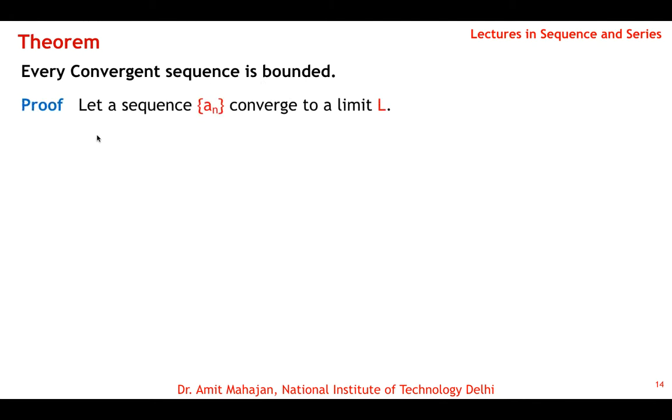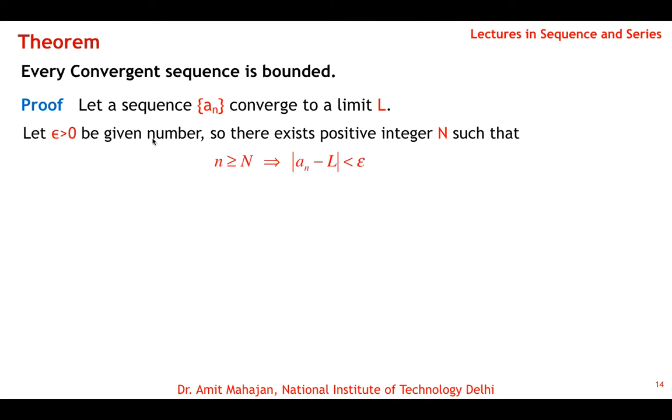For the proof, let a sequence a_n be convergent and converge to a limit L. So by definition of convergence, for every positive epsilon there exists a positive integer capital N such that for all n greater than or equal to capital N, the elements a_n lie within epsilon distance from L. So we can also open the right hand side and write that the elements a_n lie in the band between L minus epsilon and L plus epsilon.